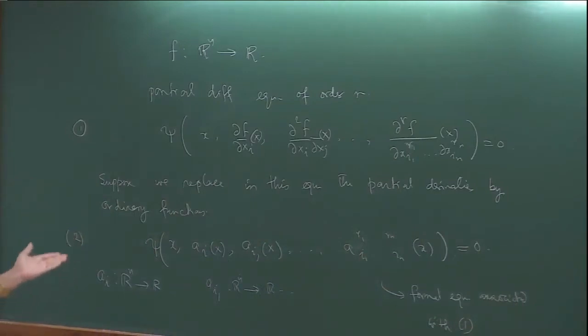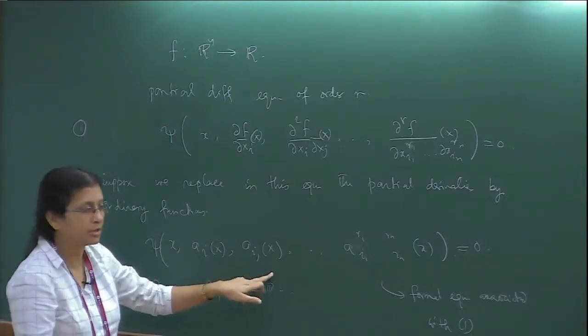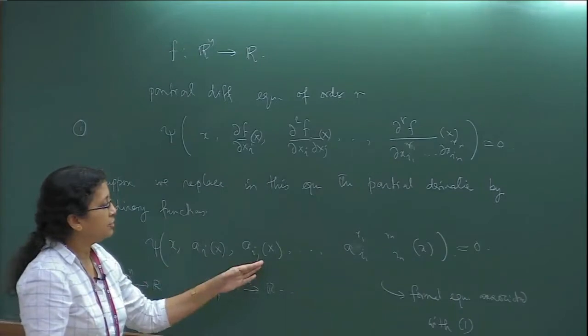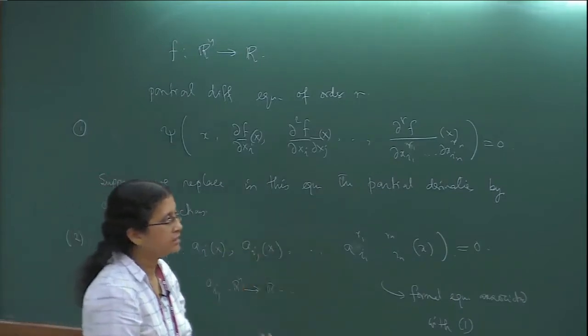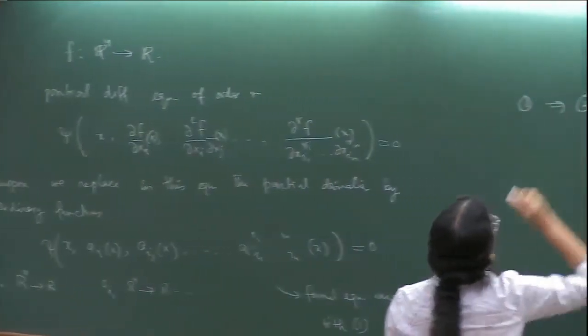As one can see, if your original problem has a solution, naturally this has a solution because you just plug in del f del x_i for a_i's, del 2 f del x_i del x_j for a_ij's, so it will have a solution. That is immediate. So 1 implies 2. There is nothing about it.